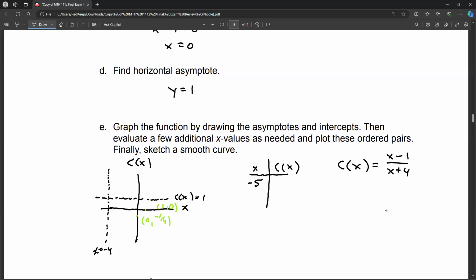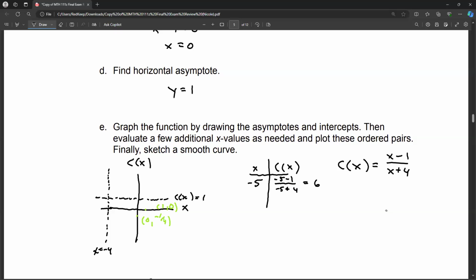We would have -5 minus 1 over -5 plus 4, and if I remember correctly, this should be equal to 6. This one's good because we had 2 points on the right bottom side of all of these asymptotes.